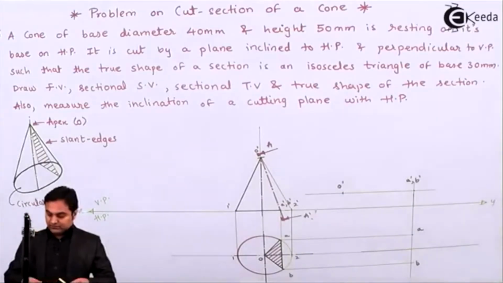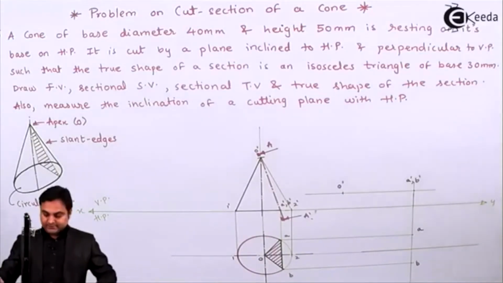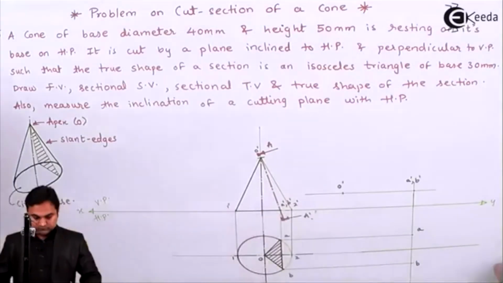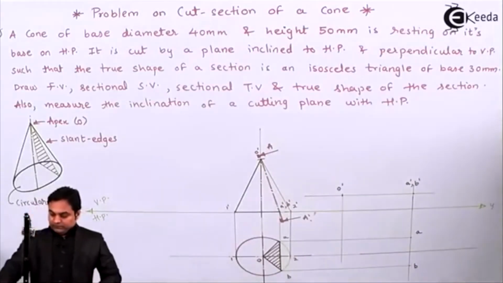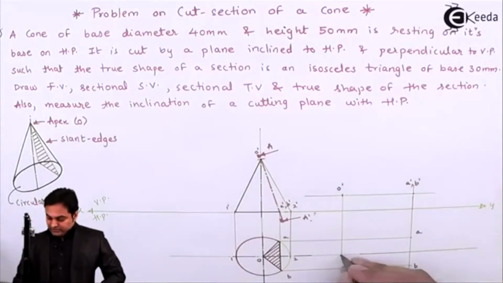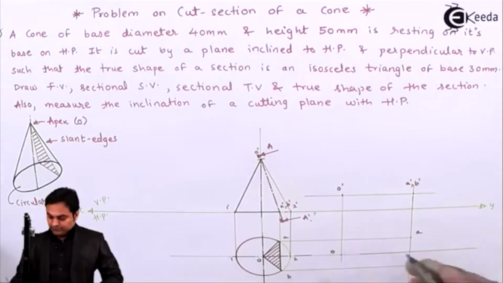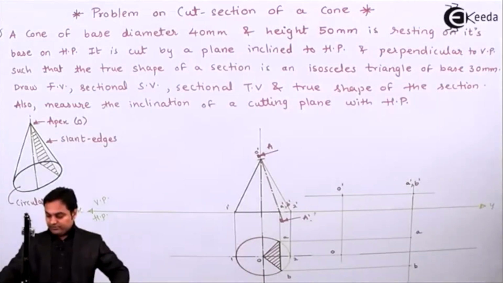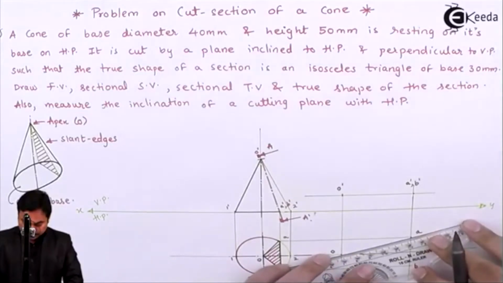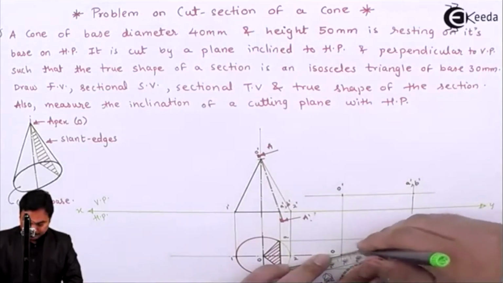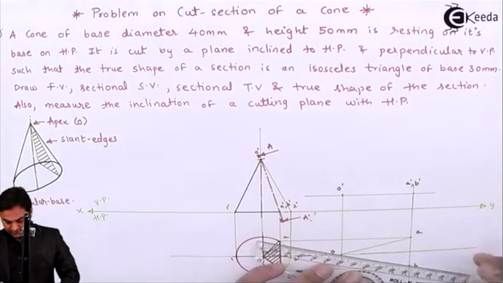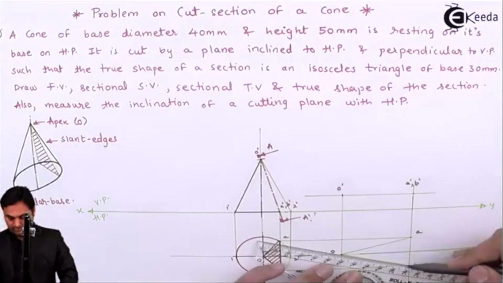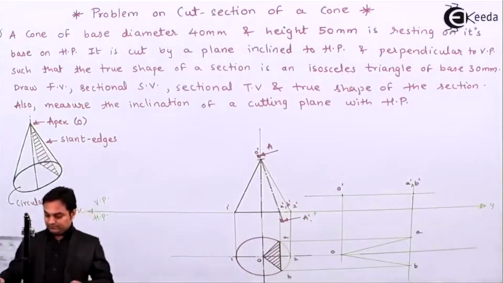Now this O dash will be projected light from the front view into the top view. Wherever O dash and O they intersect, that will give us point O. Joining them in the proper sequence, O to A, first with the help of light line, O to B with the help of light line, and then making it dark.